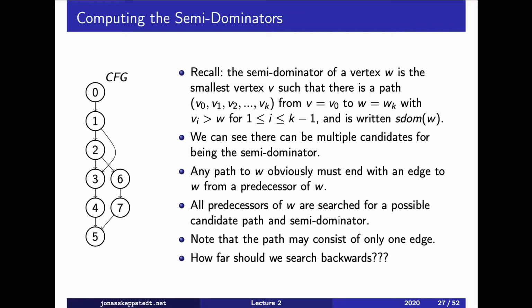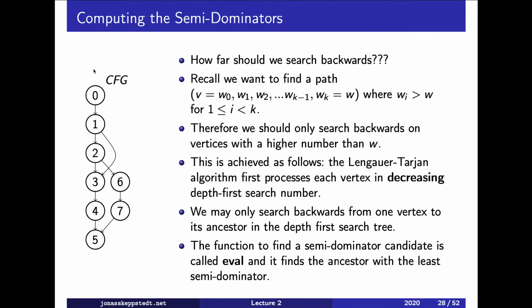So this timing is crucial: the timing of setting the ancestor attribute to be a copy of the parent attribute, so that we do not search too far. When we do the depth-first search, we put all vertices in an array so that we can process the vertices in decreasing order of depth-first search number.